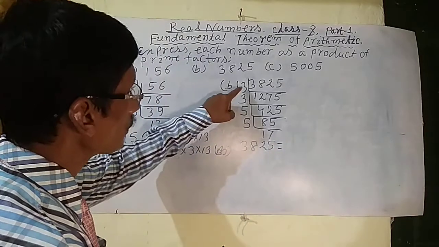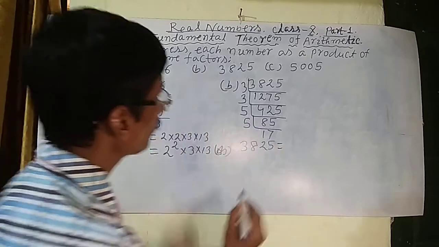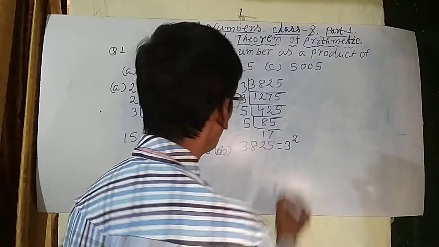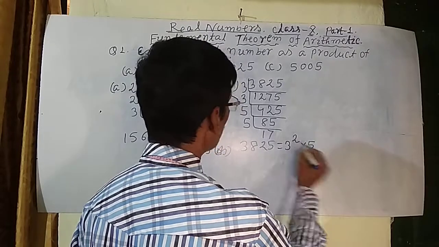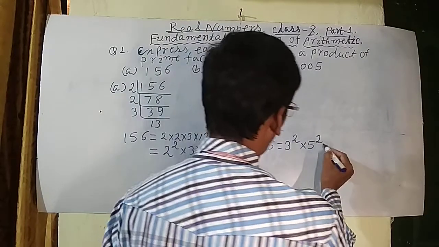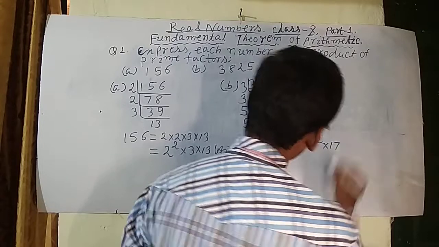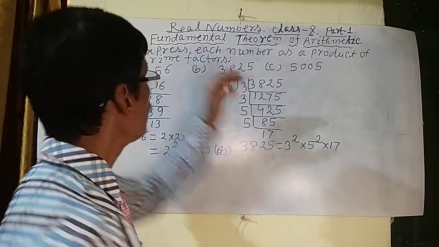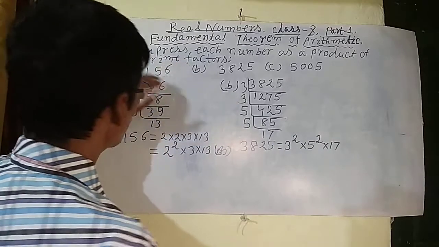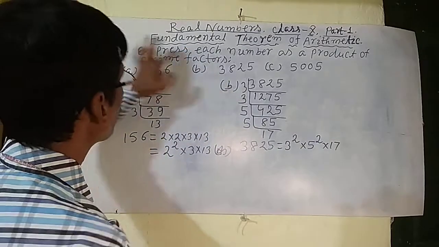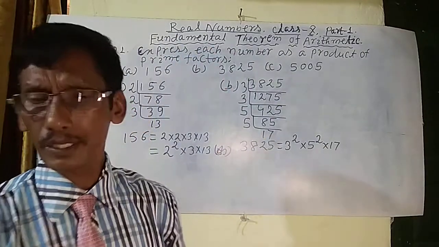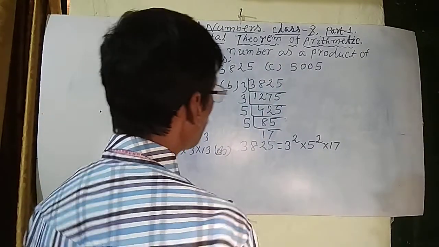There are two same factors 3, so you write only 3 with power notation. Next, 5 also, there are two, power 2, and 17 remains. So write 17. So this is the prime factorization. Okay, it is to find the prime factors of this number. So express each number as a product of prime numbers. Same question. Okay, now the next question C.